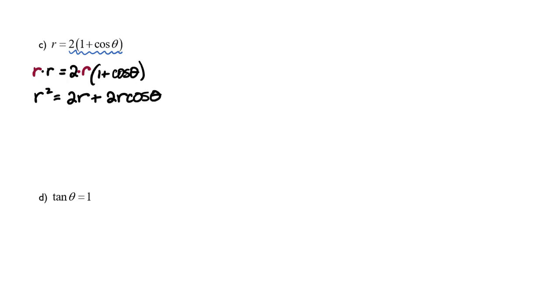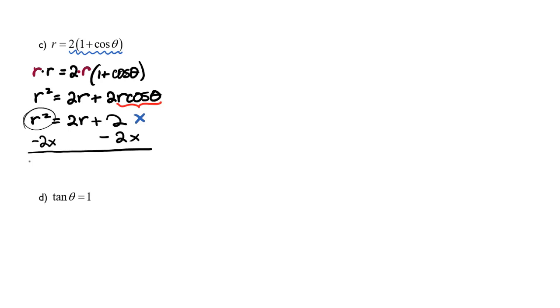And I can replace the r cosine theta with x. This gives me r squared is equal to 2r plus 2x. I'll go ahead and subtract the 2x from both sides, and replace the r squared with an x squared plus y squared.